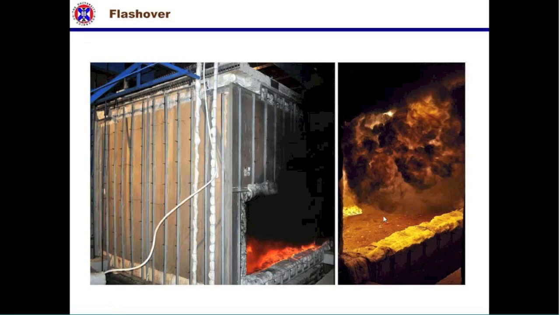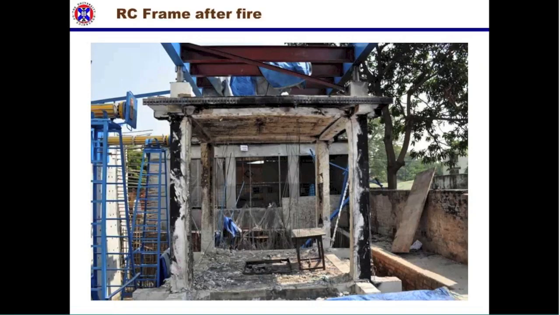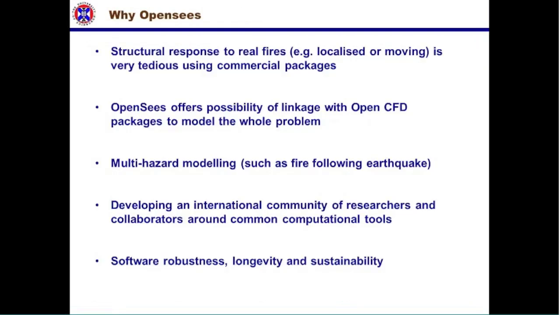So that is the start of that work, and even before that, we became very interested in OpenSees as a potential platform, because we had so far been working with Abaqus as a commercial package, but we find that because of the limited way we can interact with it, it's difficult if we want to really model real fires, such as localized fires or moving fires, which give us considerable variation of temperature in terms of space and time.